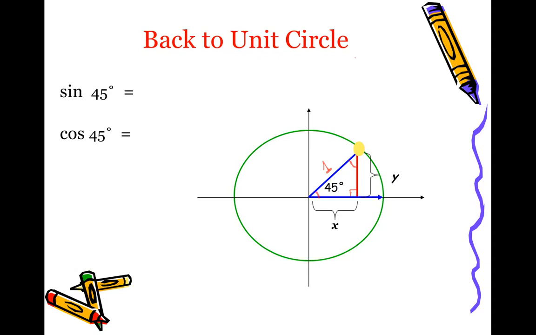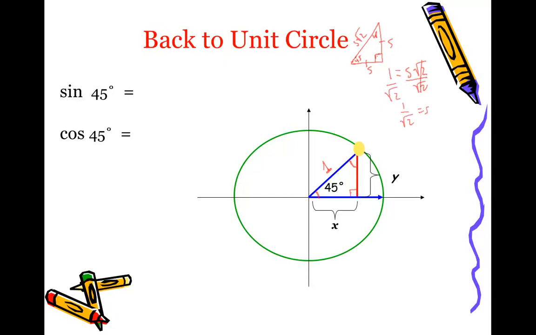Well, we have that special right triangle. Let's see if I can draw it. Of 45, 45, 90. And it was the two shortest sides and the shortest side times root 2. So that means that 1 equals the shortest side times root 2. If you divide by root 2, you get 1 over root 2 is this.